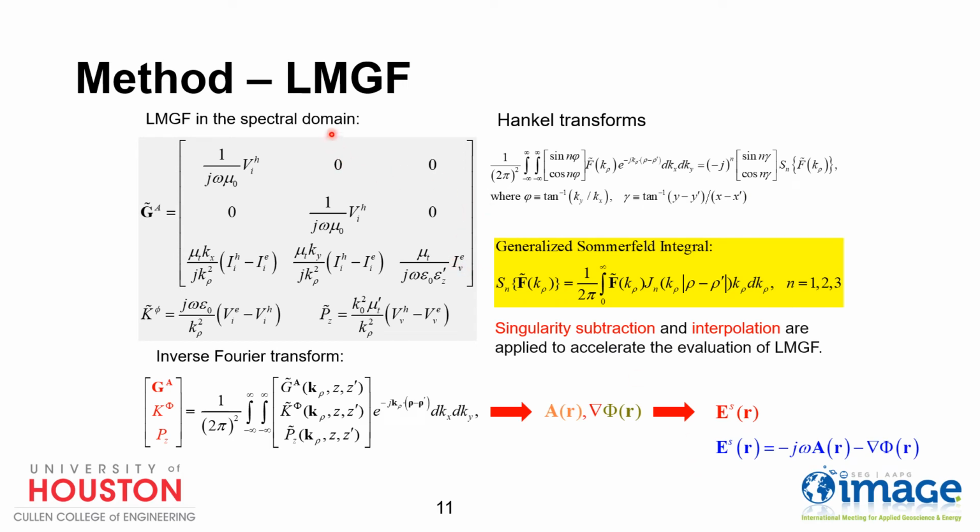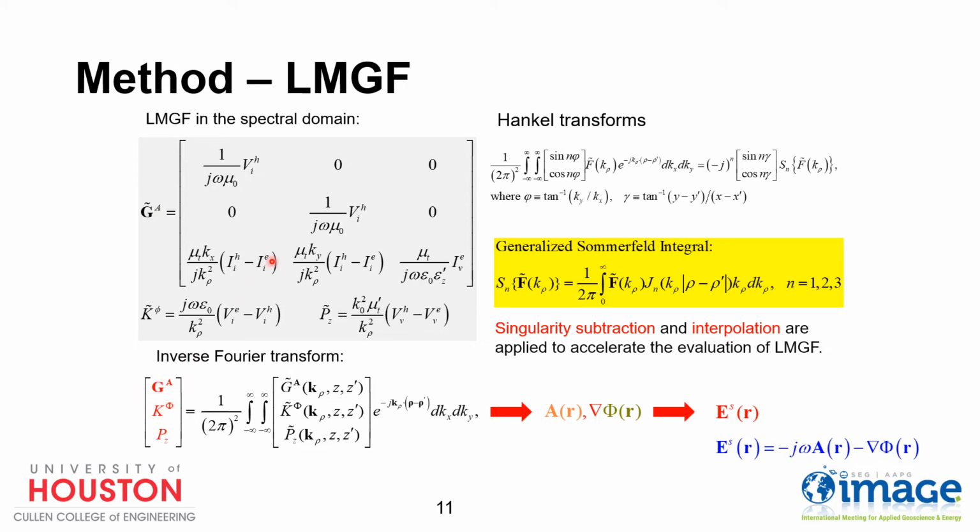Here I show the layered medium Green's function. In this green box, this is the layered medium Green's function in the spectral domain. So we need to evaluate the Green's function in the spatial domain.